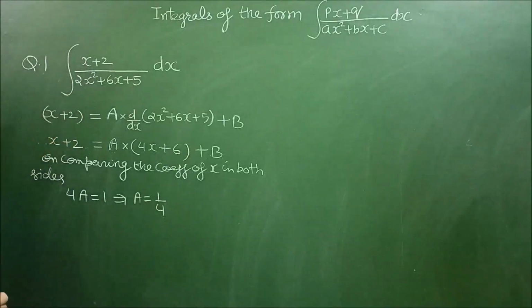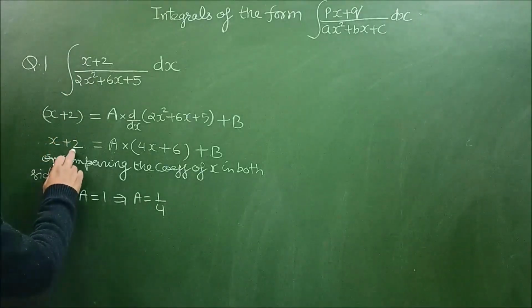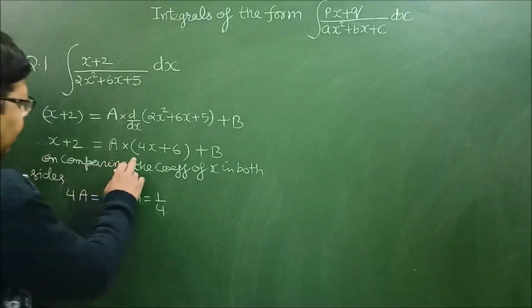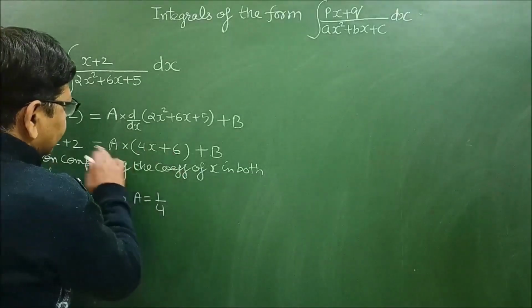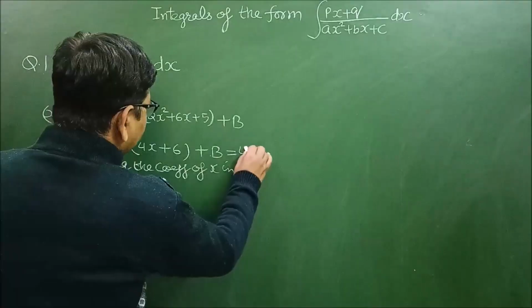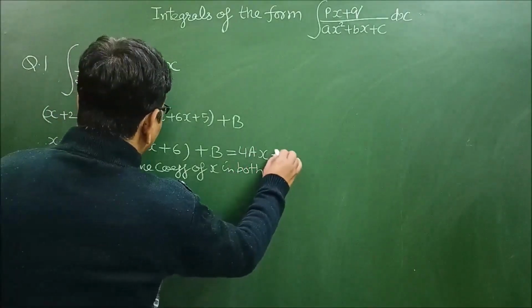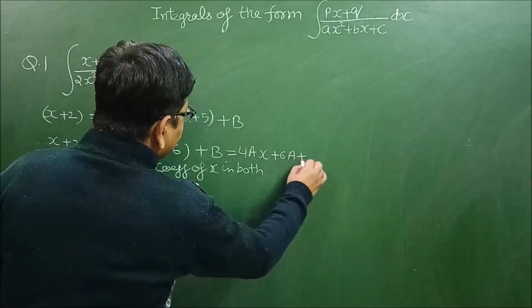The constant term in the left hand side is 2, and in the right hand side it is 6a + b. We can write this as 4ax + 6a + b.